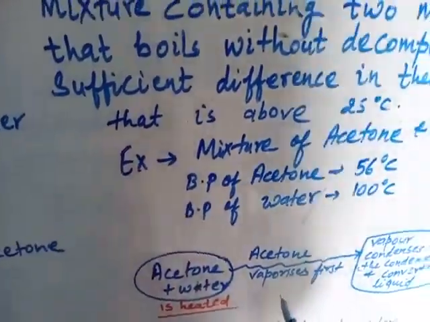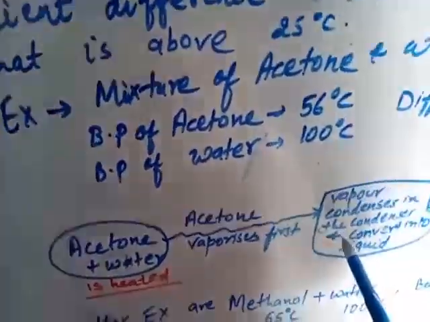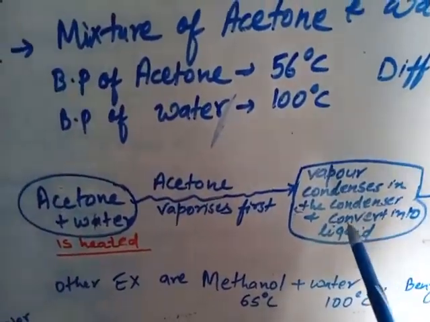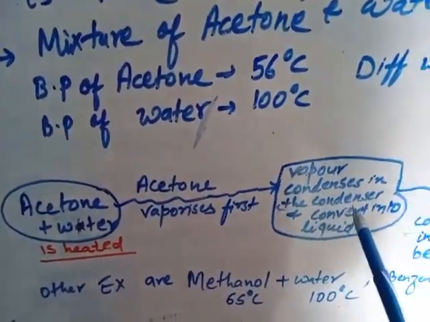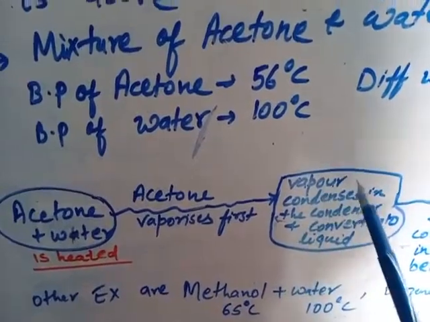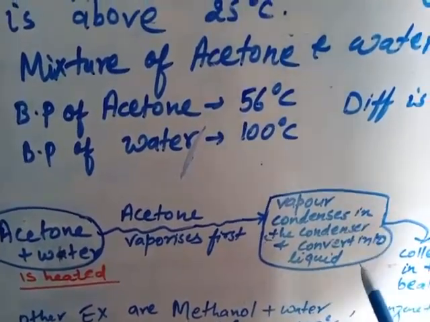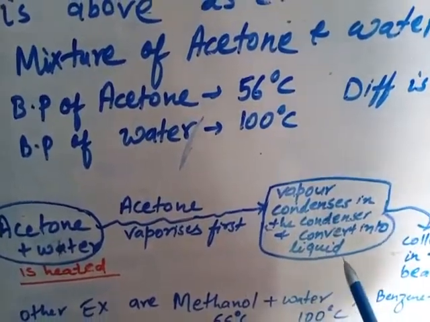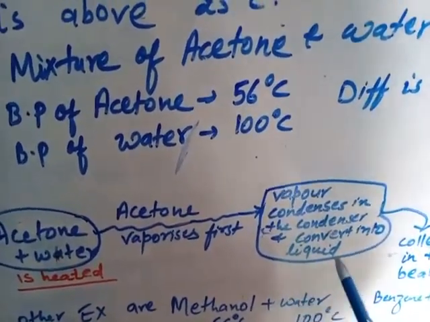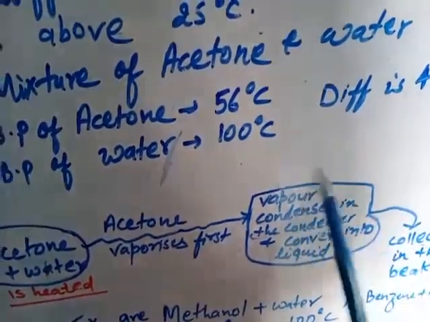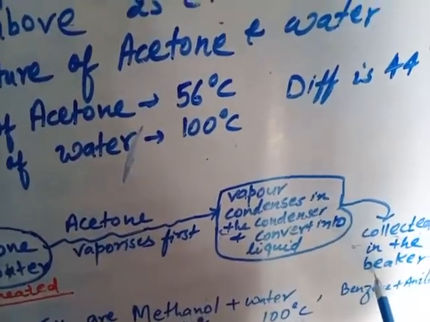So when acetone starts vaporizing, it goes upward and enters into the water condenser chamber. There all the vapors of the acetone get cooled down and convert into liquid, and that liquid can be collected through the condenser in a beaker.